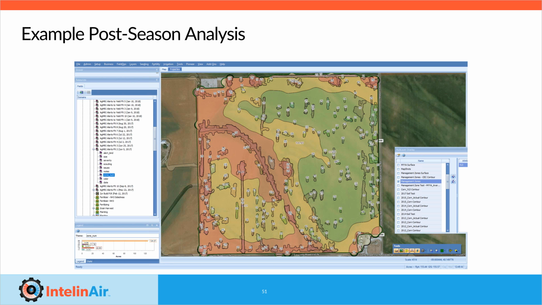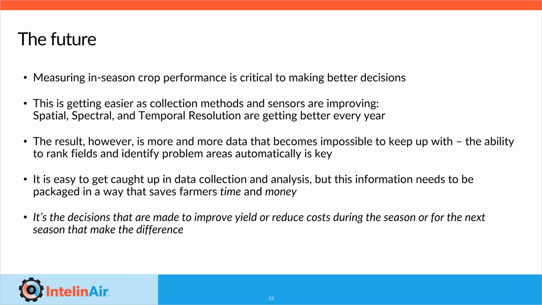So just to do a quick wrap up, this idea of measuring in-season crop performance is critical to making better decisions and better understanding what's going on in the fields. It's getting easier and easier. Spatial resolution is improving.